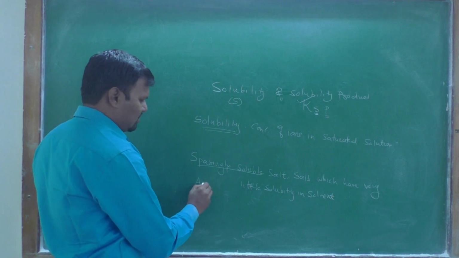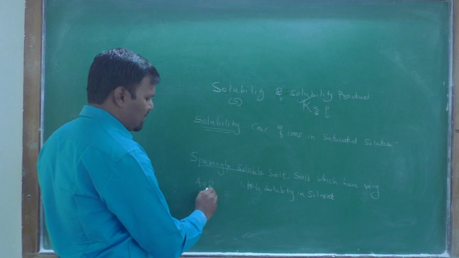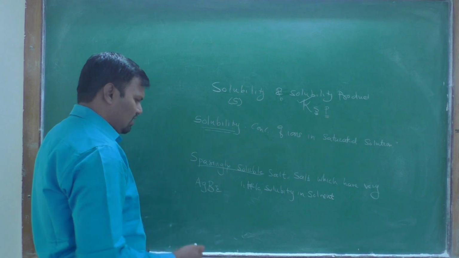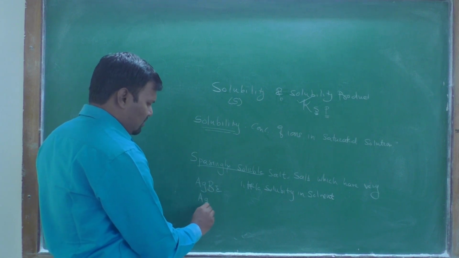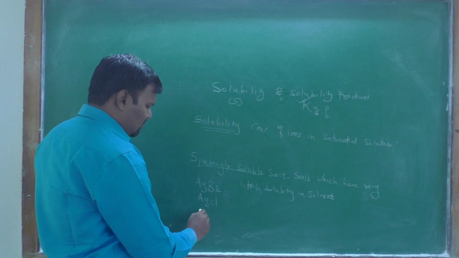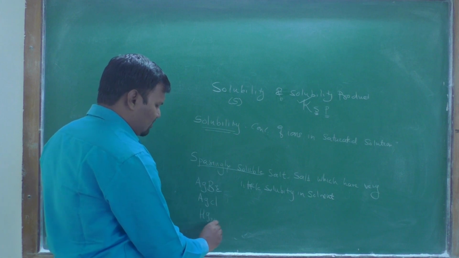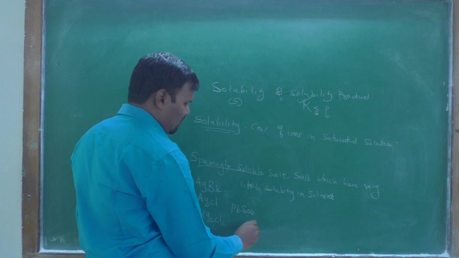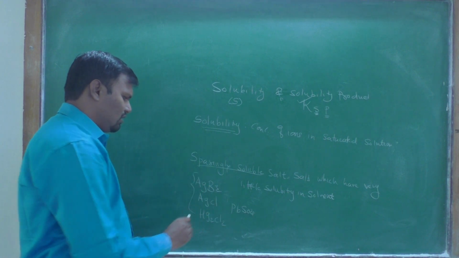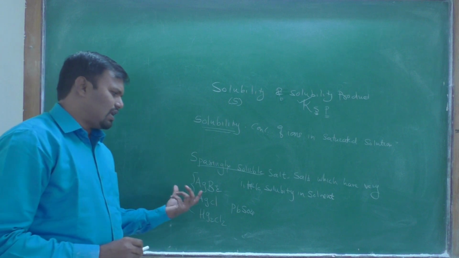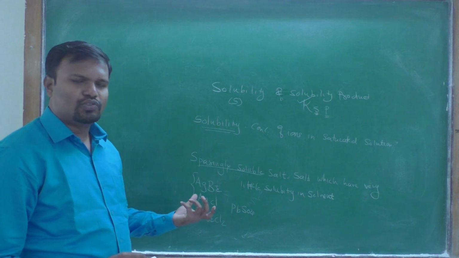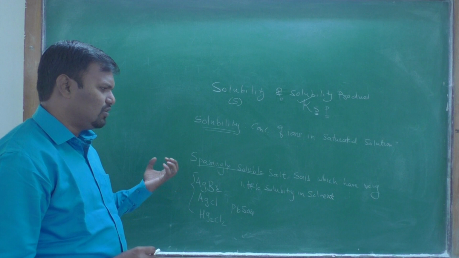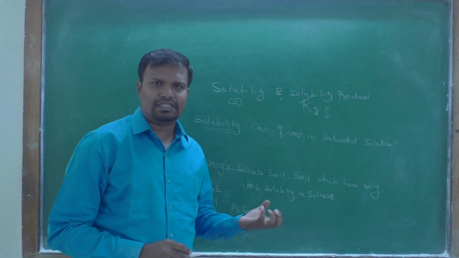Some examples of sparingly soluble salts are AgBr, AgCl, Hg2Cl2, and PbSO4. These are salts which act as sparingly soluble salts, whose solubility in solvent is very low.